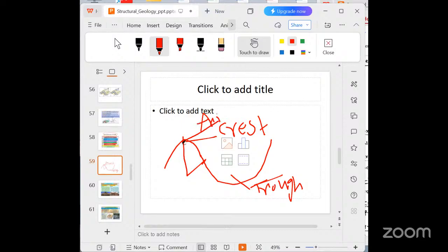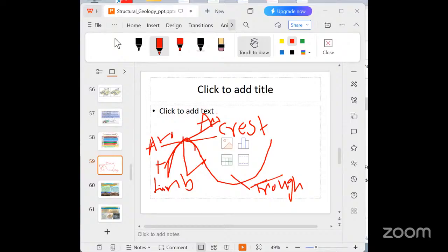And this is called axis of fold. This is limb. This one is called limb. Axial plane, axis of fold, limb, crest, and trough.